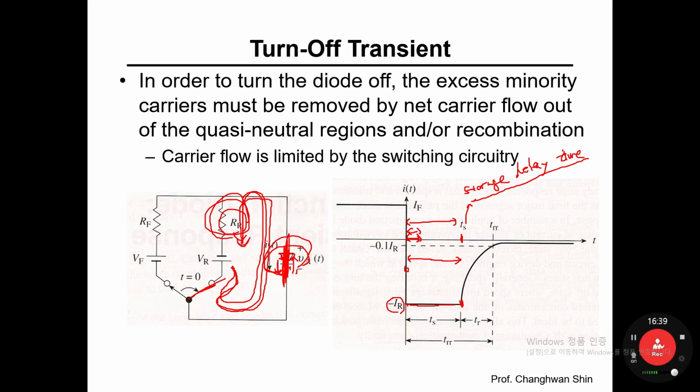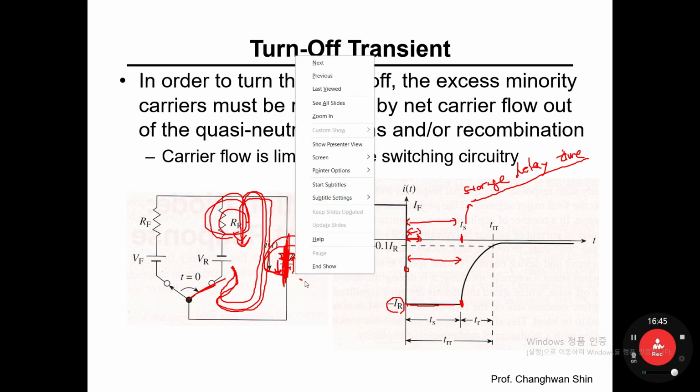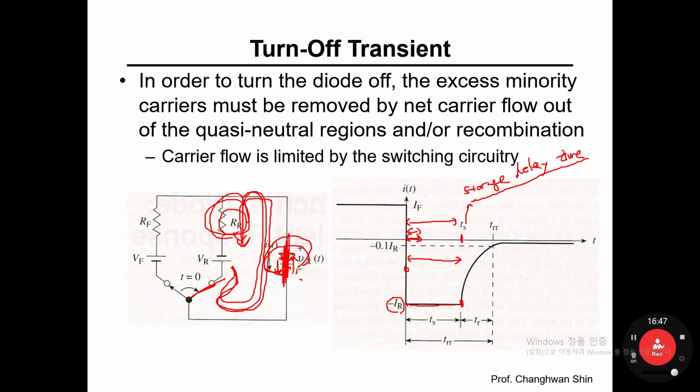Then after T_S, all the stored excess carriers are fully removed, so this diode is actually reverse biased, as we have learned in ideal diode theory. So the current flow in this direction from N to P should be very limited to minus I_0, which is the saturation current of the PN diode.